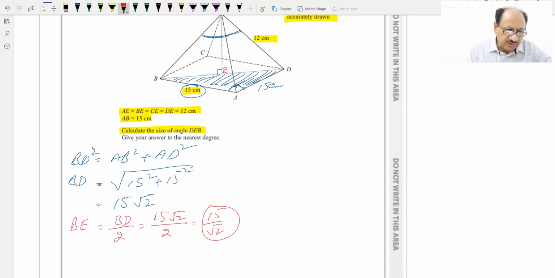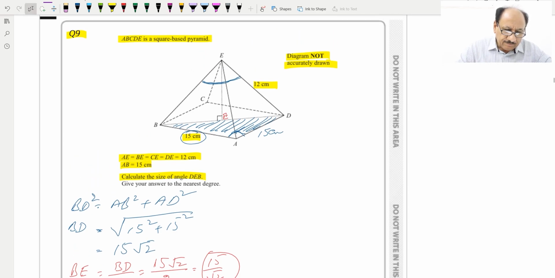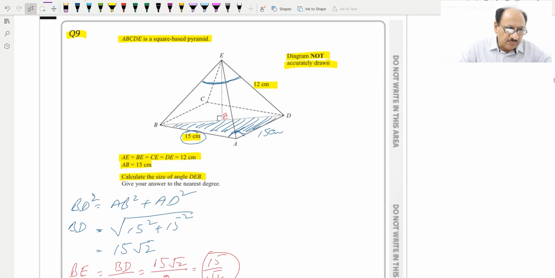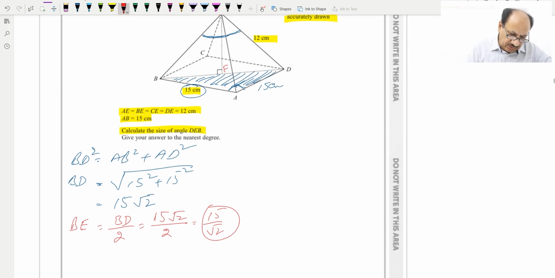And now, after finding this, E is already there, so we have to take something else. We can take this point as F. I'm just modifying because E is already there, so I will write BF instead of E, and now this is good.